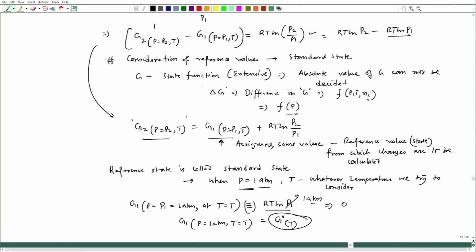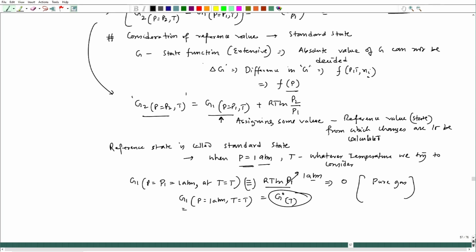And remember here we have considered only one single ideal gas. So, then one more consideration is coming into picture, pure gas. So, that means no other mixture. So, this is considered to be for the pure gas.